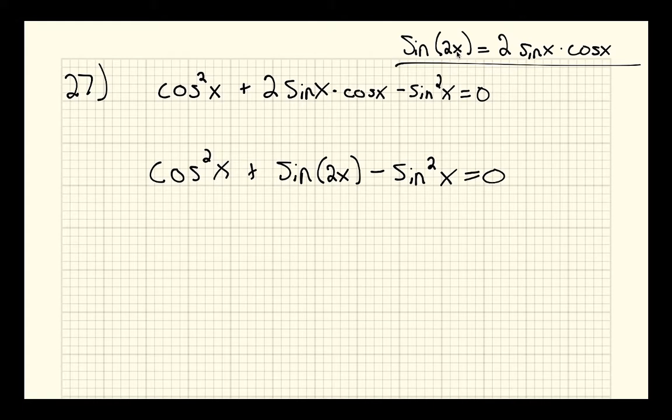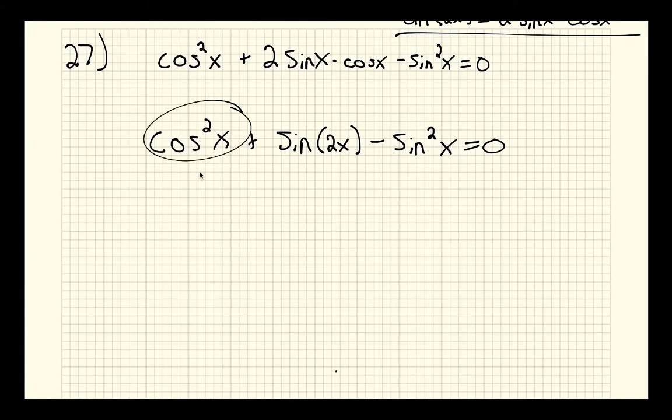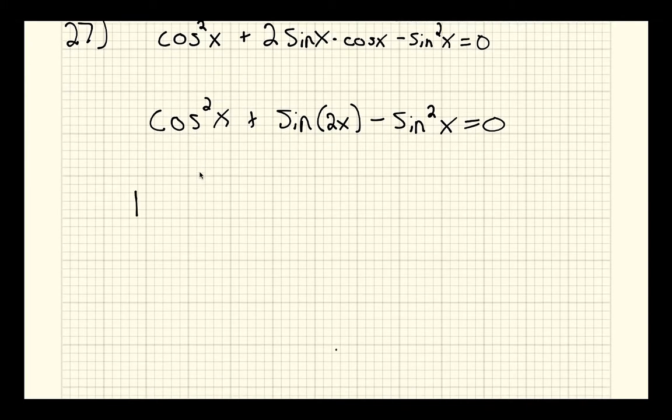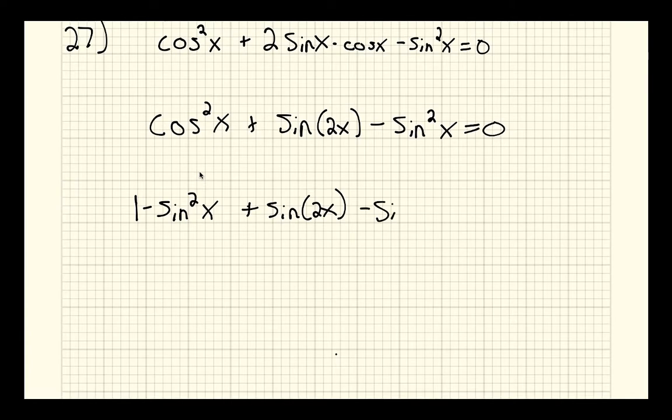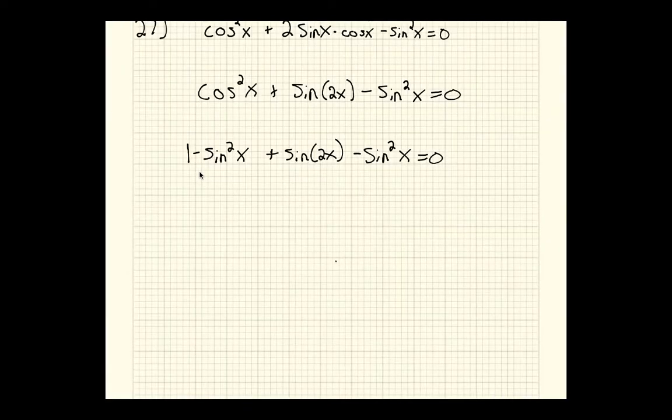And from here, you would probably need to replace cosine squared x with 1 minus sine squared x. This is from the Pythagorean identity. So 1 minus sine squared x plus sine 2x minus sine squared x equals 0. We have a negative 2 sine squared x, so it would look like this, a minus 2 sine squared x.